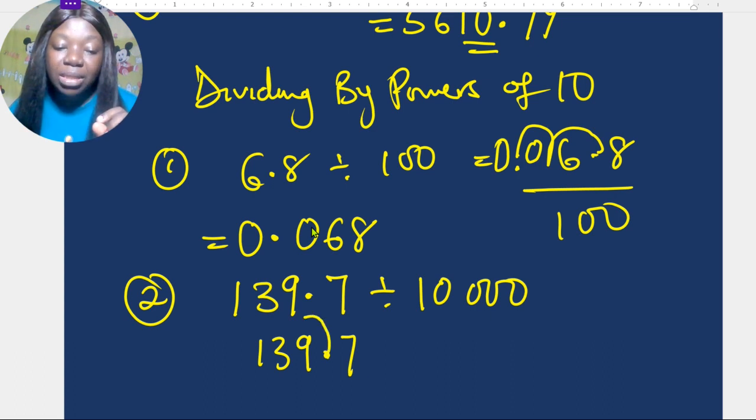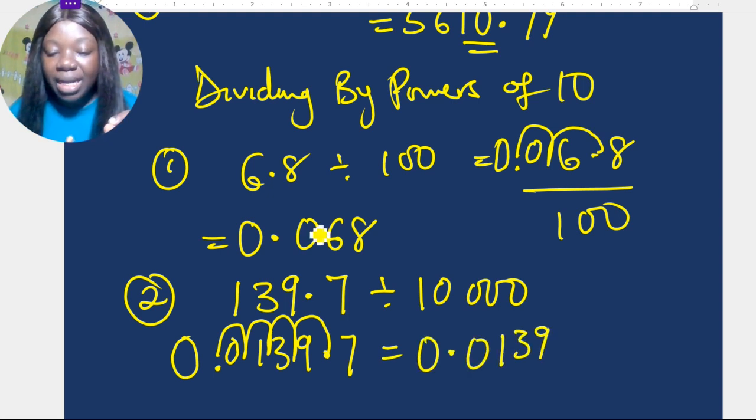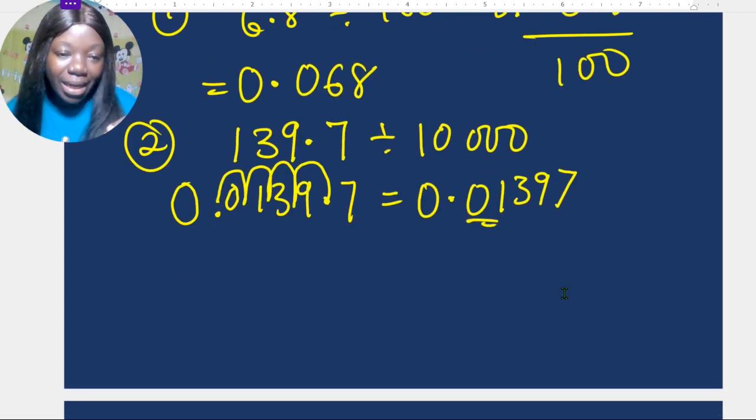Start from the decimal point to the left. 1, 2, 3, and 4. The decimal point will be here. Now it has been shifted from its present place to the left. So what happens to this empty space? Fill it up with 0. Then to your left, introduce 0. So the answer is equal to 0.01397.